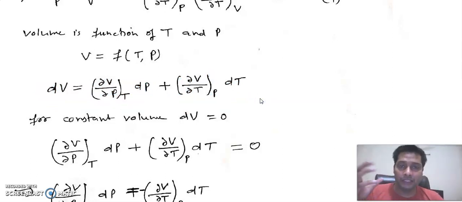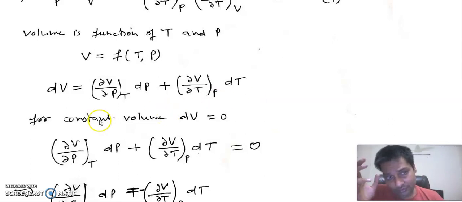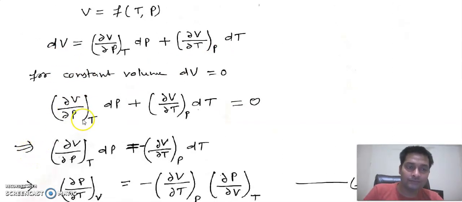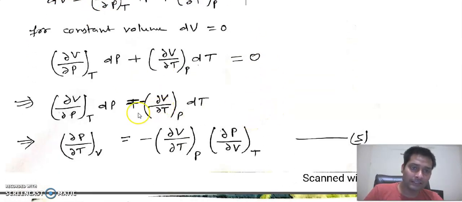So we are assuming constant volume. At constant volume, this equation will be this one. At constant volume, this term will be 0, so we will be left with only these terms. This will be equal to 0. Again rearrange this term.